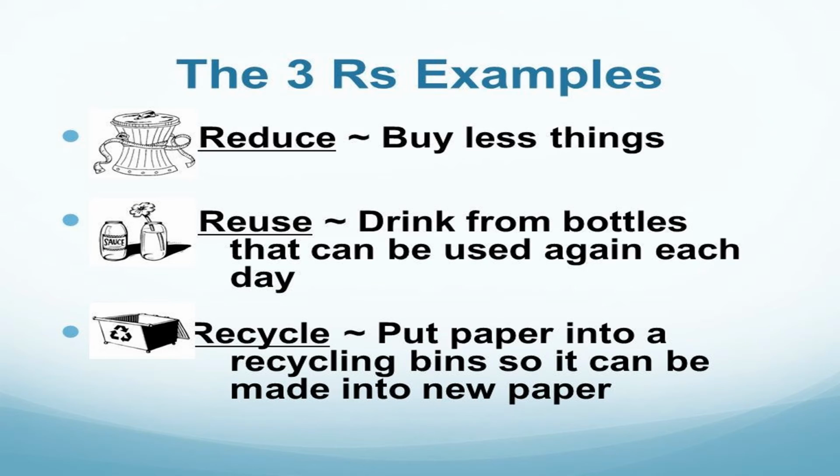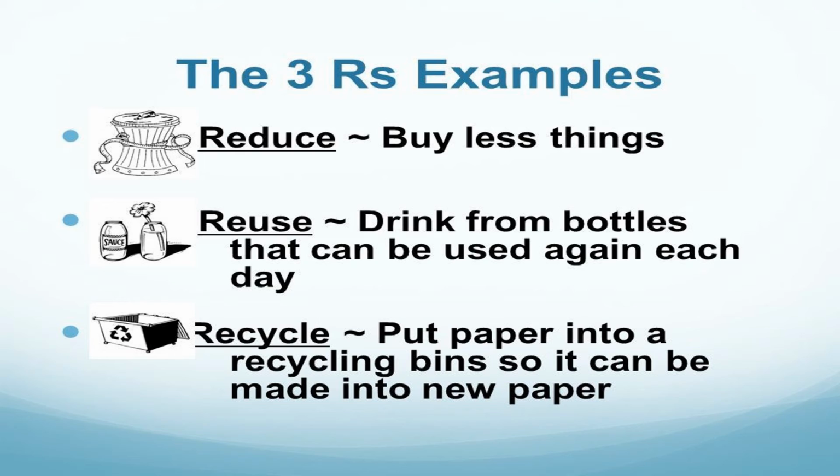Another is reuse. In reuse, drink from bottles that can be used again each day. As I said a while ago, if you're going to use plastic cups to drink water, do not throw it away, but rather wash it properly and use it again as a cup. In that way, you are reusing the plastic cup.